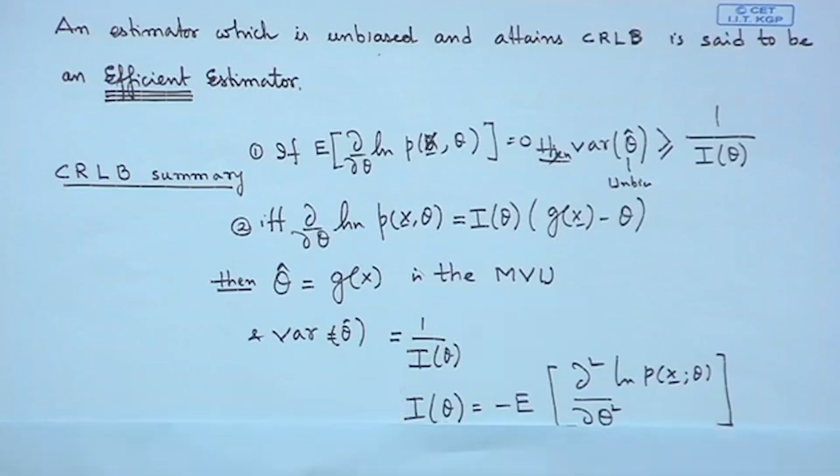So, it will be unbiased as well as attain the lower bound, and therefore you call it the efficient estimator. What the Cramer-Rao lower bound gives us is the lower bound of any estimator if the regularity condition is satisfied, and if you can factor the first derivative of the log likelihood function, you can directly get the MVUE estimator. Thank you.